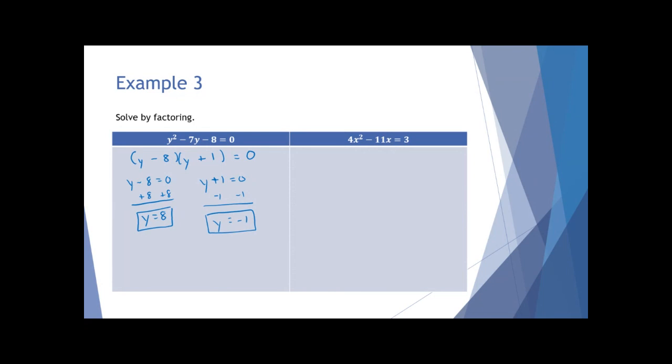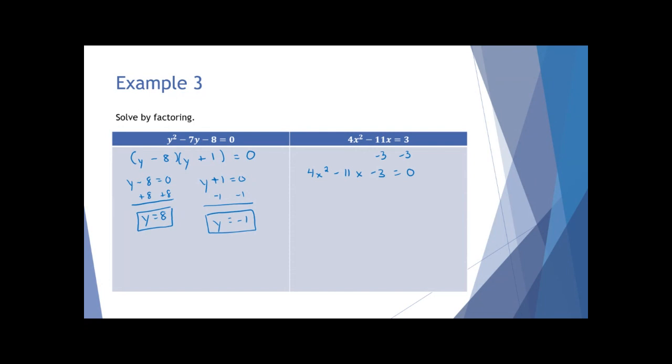The second example here, we have 4x squared minus 11x equals 8. I mean, equals 3. I don't know why I said 8. We have to get it equal to 0 first. So I have to subtract that 3 from both sides so that I have one side equal to 0. So I have 4x squared minus 11x minus 3 equals 0.